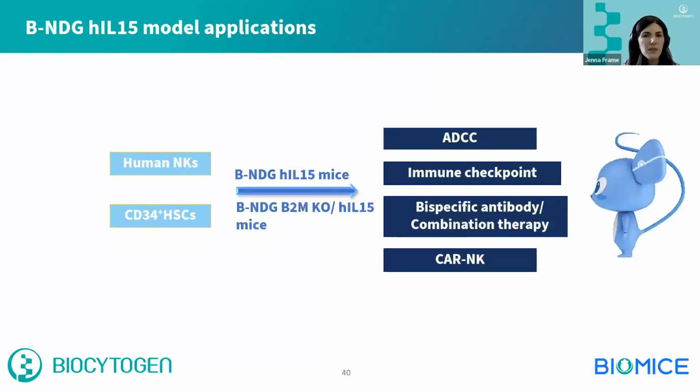So once engrafted with CD34s or NK cells, BNDG humanized IL-15 mice can be used to test efficacy of anti-human therapeutics that induce ADCC, immune checkpoint blockade, even bispecifics or combination therapies, as well as CAR-NK efficacy.